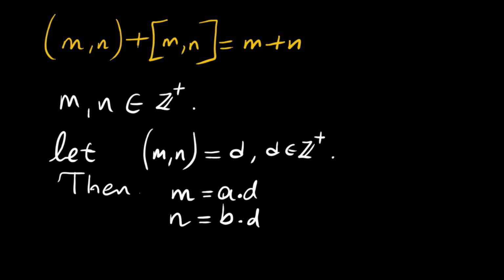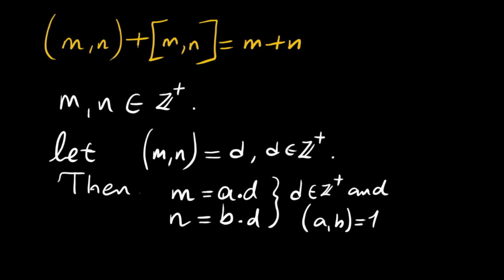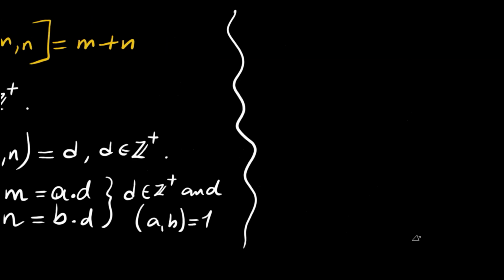Since d is the greatest common divisor, we can write m is equal to a times d and n is equal to b times d, where d is, again, as I said, a positive integer, and a and b are co-prime, have no common divisor but 1. Now we have m equal to ad, and n equal to bd.